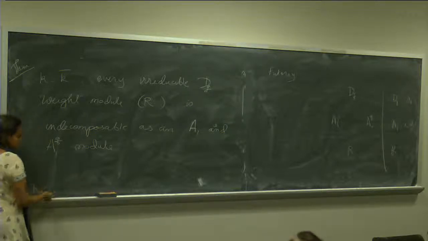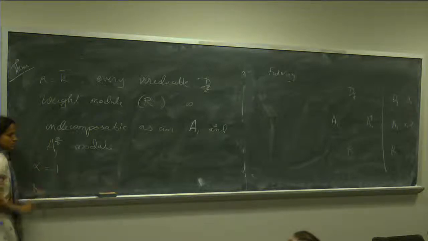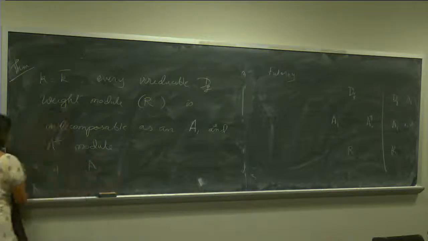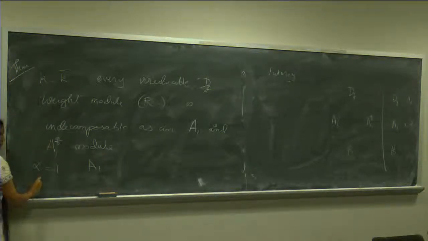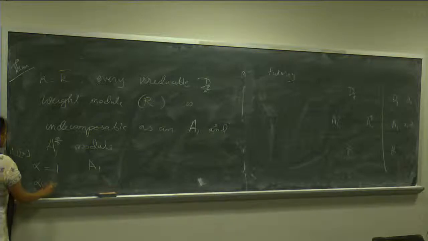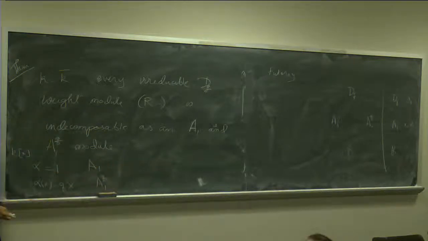I mean, for example, if your alpha is identity, then you construct the Weyl algebra. If alpha is an automorphism on the polynomial algebra in one variable, with alpha x equals qx, then you get A1q, the quantum Weyl algebra.